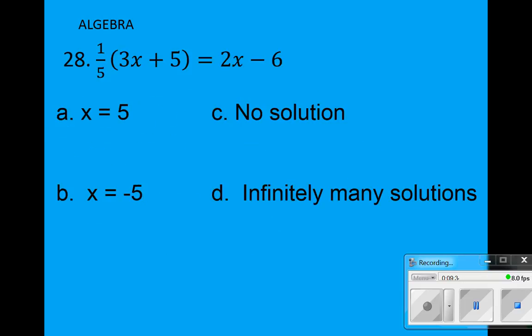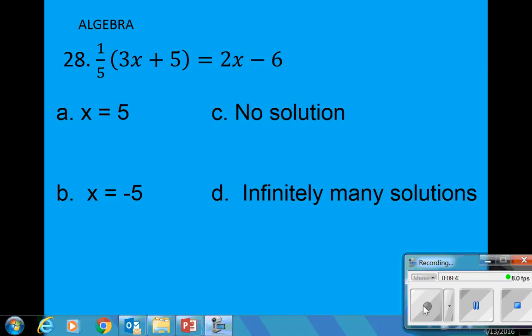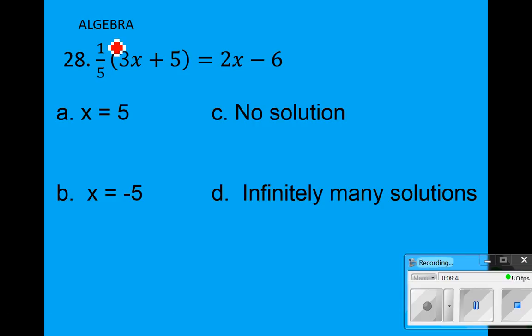Number 28. 1/5 times 3x plus 5 equals 2x minus 6. We're going to have to distribute the 1/5 into the parentheses. And we would get, put a 1 under here, so that gives me 3 over 5x plus 5 over 5, because I would put a 1 there, equals 2x minus 6.